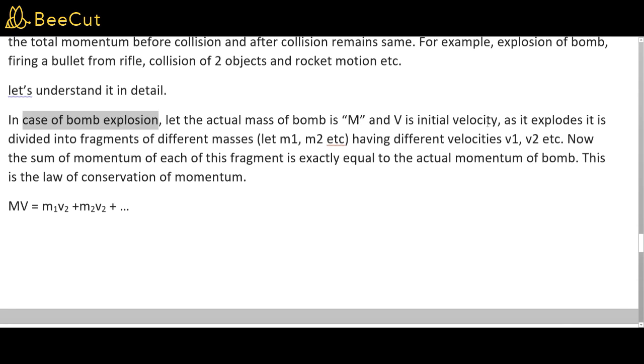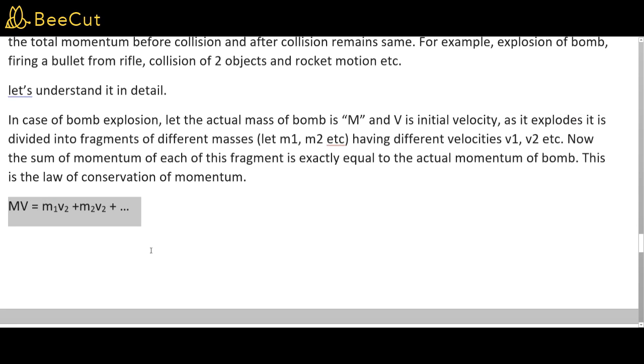When it explodes, its fragments will move far away, divided into masses m1, m2, etc., and they will have different velocities v1 and v2. Now the sum of all those momenta and the momentum of the initial bomb will be equal.